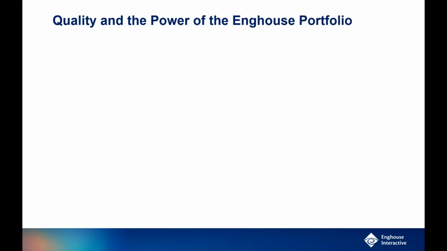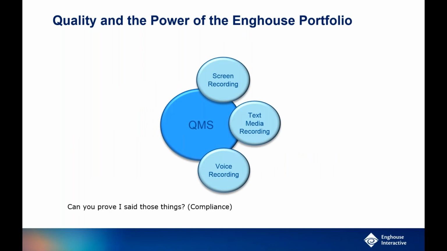Go ahead and click. So let's take a look at where we're at with the portfolio. At the center of our quality management is a product that Enghouse has called the Quality Management Suite, or QMS. This suite is a set of tools that taps into the different media channels that you use for communicating with your customers.